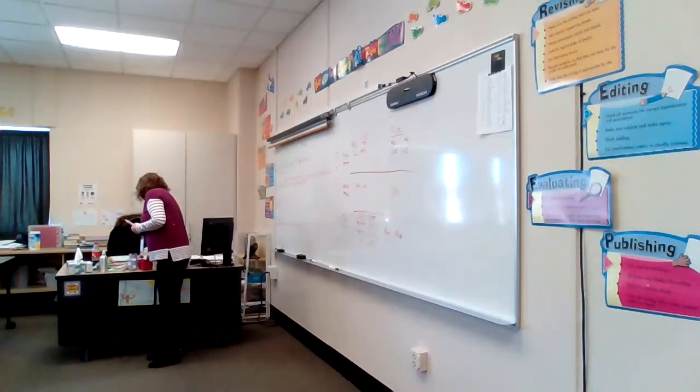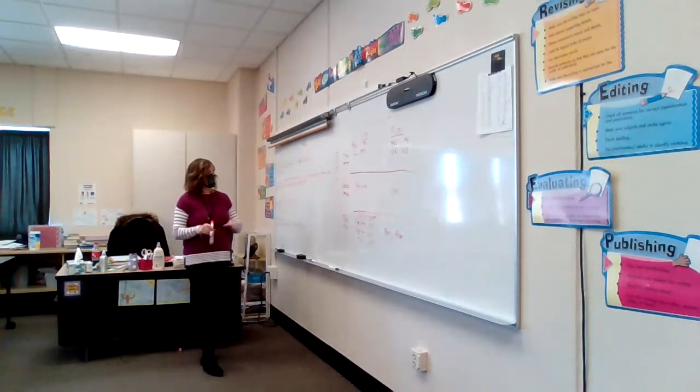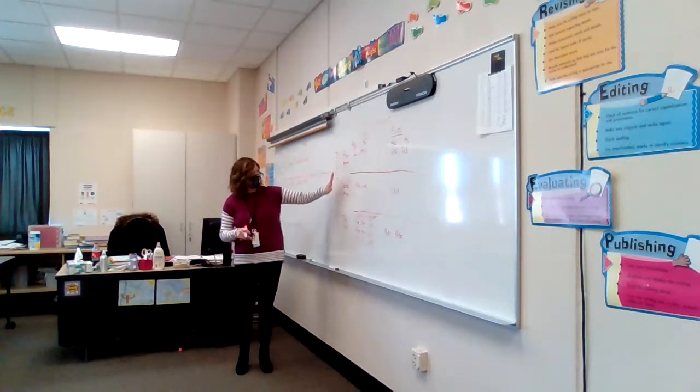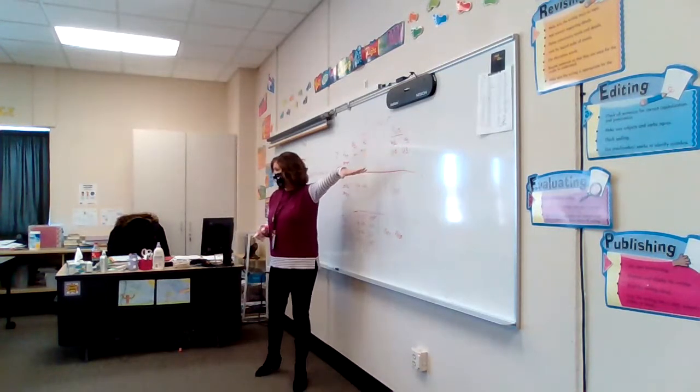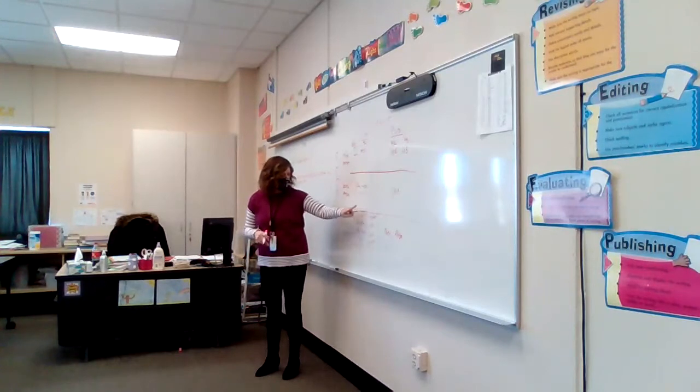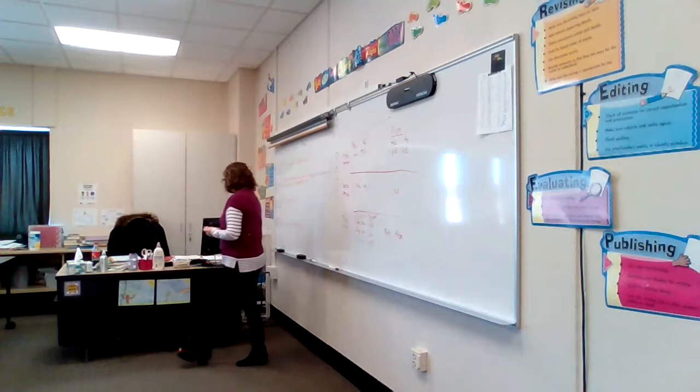Those are your personal pronouns, and the categories are person: first person, second person, third person; number: singular or plural; gender, only in third person singular: masculine, feminine, or neuter. Okay?